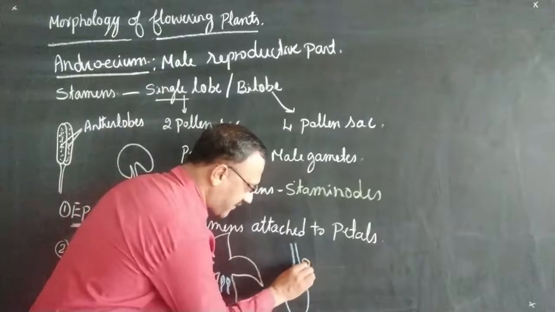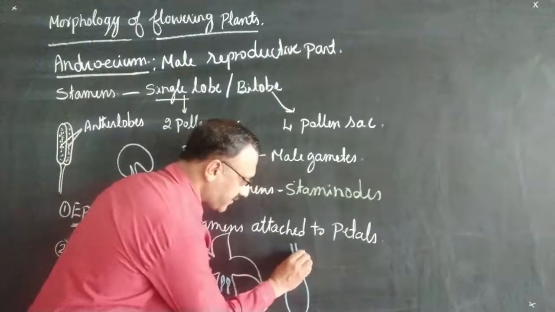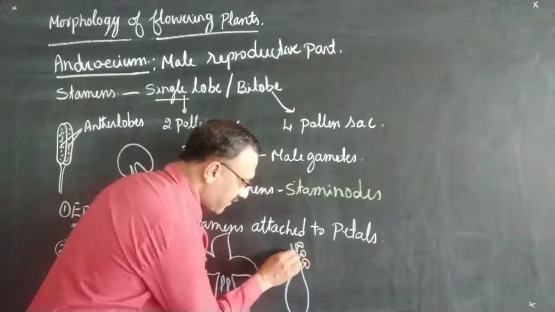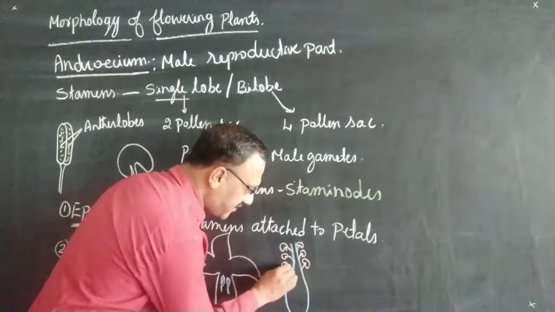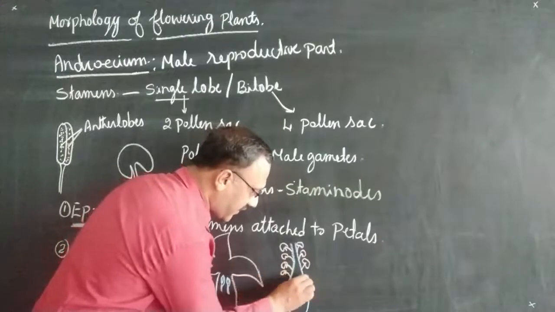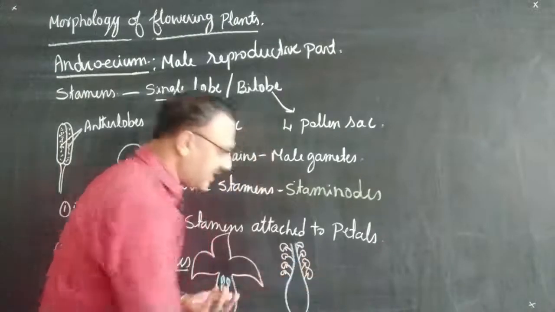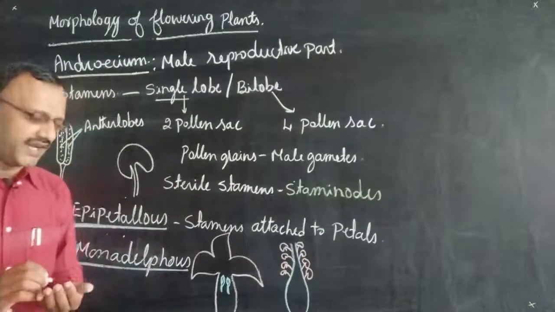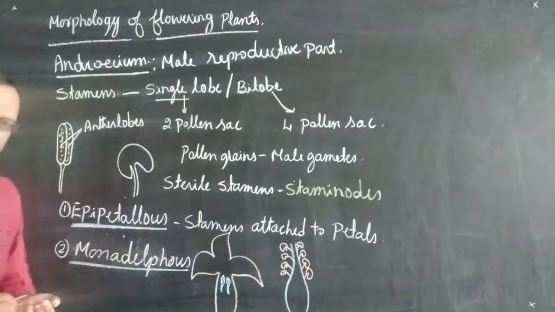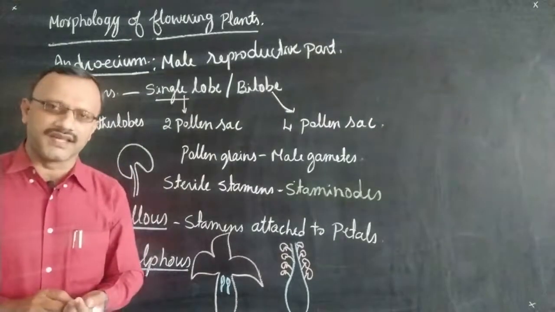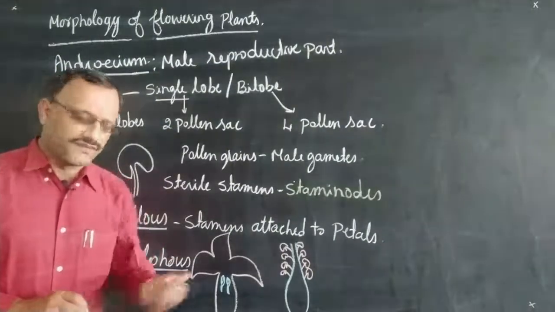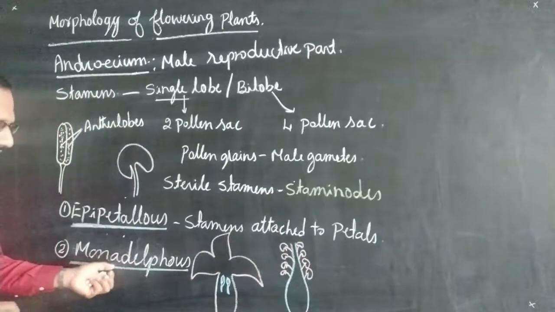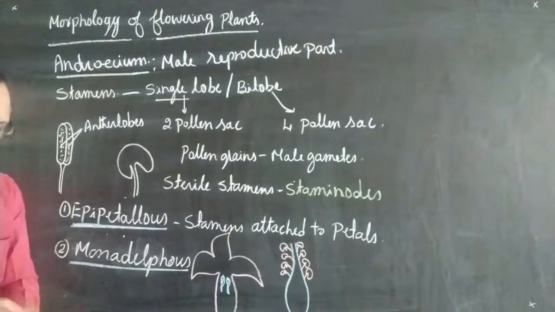The filaments of the stamens are joined together to form the bundle. So this condition where the stamens are found in one single bundle is called monadelphous condition. It is a feature you can find in the family Malvaceae, like cotton and hibiscus, where we come across such a monadelphous condition.